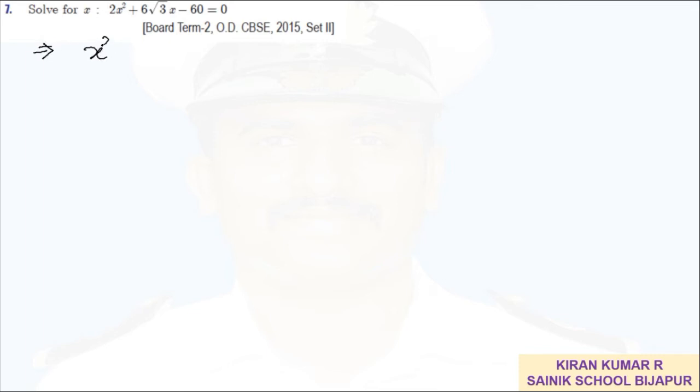So it becomes x square plus 3 root 3x minus 30 equal to 0. Here the sum is 3 root 3 and the product is negative 30.